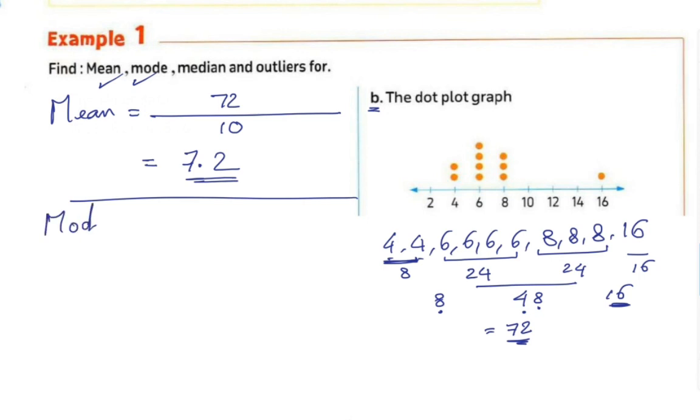What is the mode here? Look with me. We have 2, 4, 6, 3, 8, 1, 16. The greatest frequency here is for 6. So 6 is the mode for this graph.